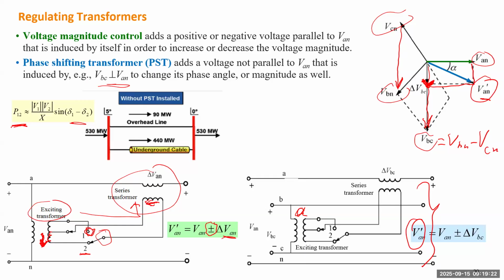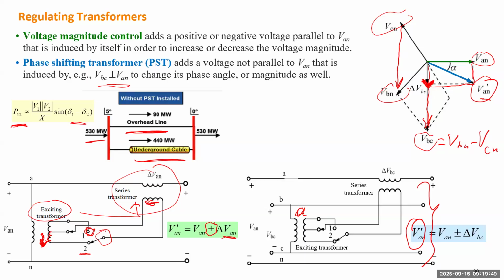So assume we want to deliver 530 megawatt real power from one substation to another substation, but there are two transmission paths. The first one is overhead line. The second is underground cable. They may have different lengths or different material, but after we finish this section, we move to the next section about the line parameter.